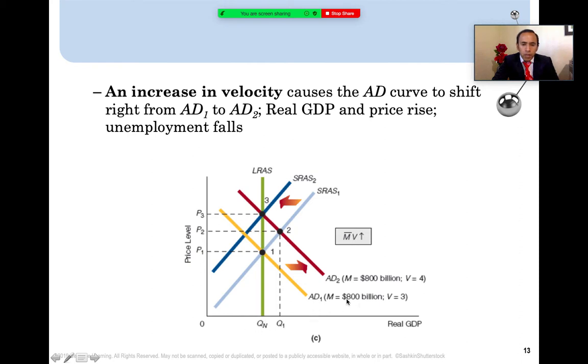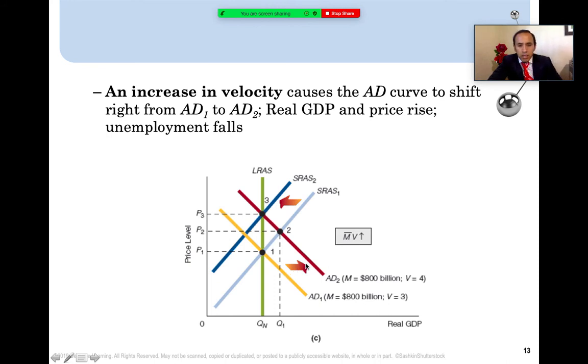Notice how money is 800 billion, and if there's an increase in AD from AD1 to AD2, the money is still 800 billion. What's increasing this curve from AD1, the yellow curve, to the red curve, AD2, is an increase in the velocity of money. The transactions of money, or how quickly money travels through the economy, goes from 3 to 4.